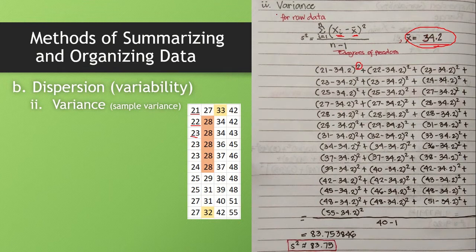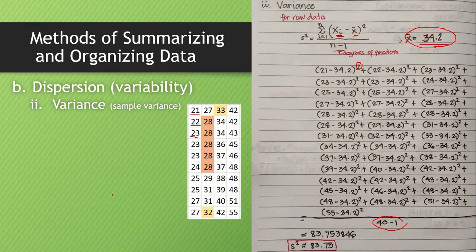You can still calculate variance for unsorted data, but I would prefer you calculate it using the sorted ungrouped data, since it would be easier for you to trace your calculations, and divide it by the degrees of freedom. For the raw data, now we have 83.75 approximately.